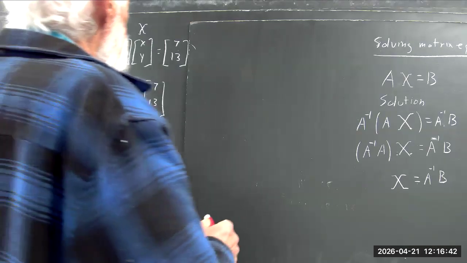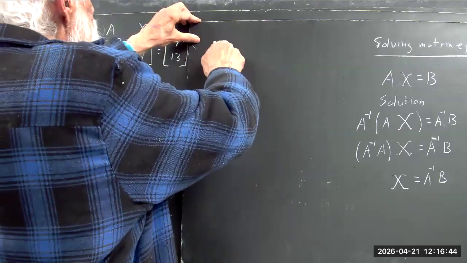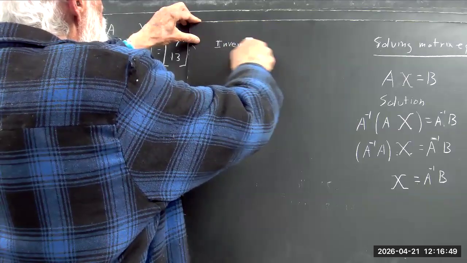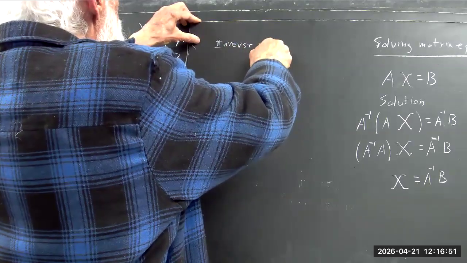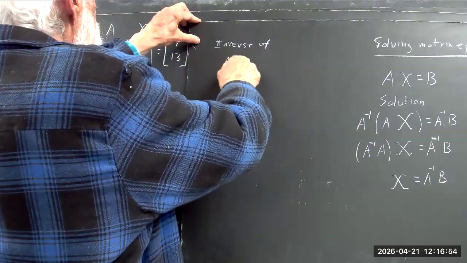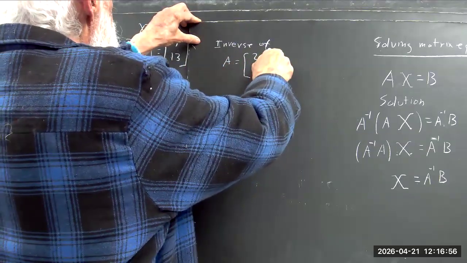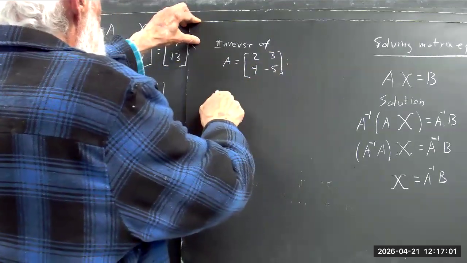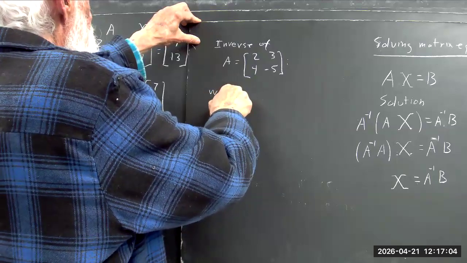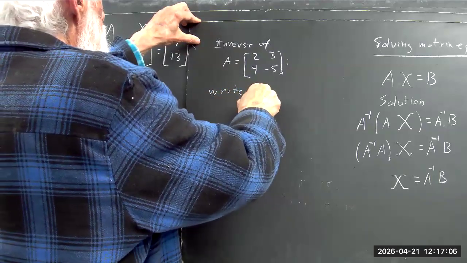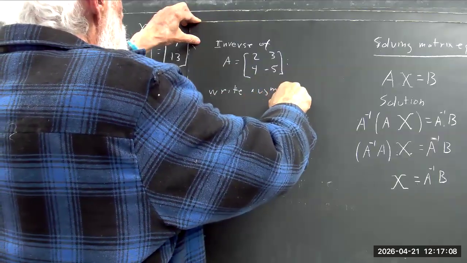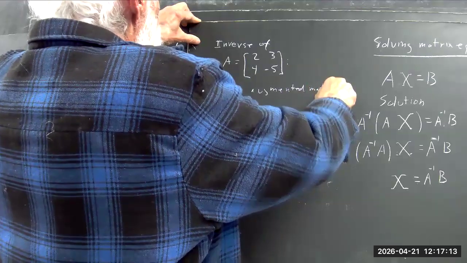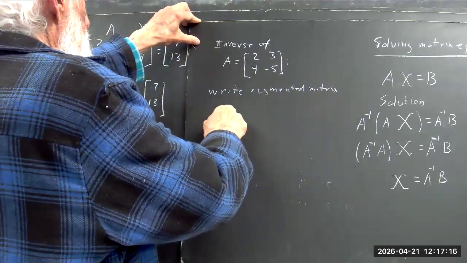Now, to get the inverse matrix, you write the augmented matrix.